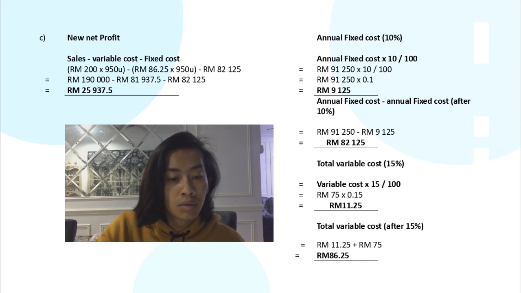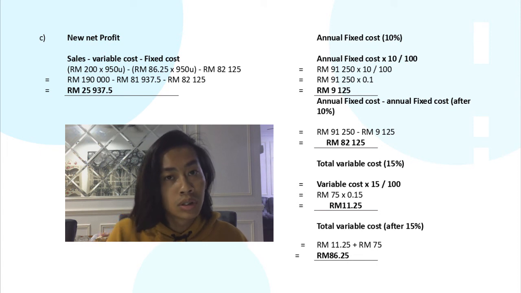The first step, as we know, is that the net profit formula is sales minus variable cost minus fixed cost. But this time we need to change the fixed cost by 10% and the variable cost by 15%. The first step is the annual fixed cost times 10%.